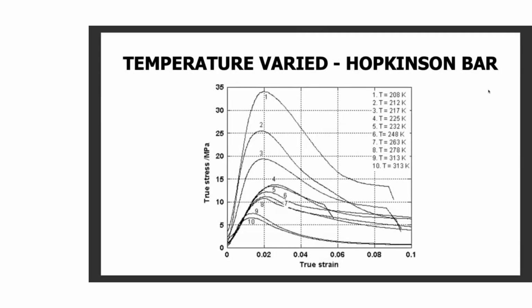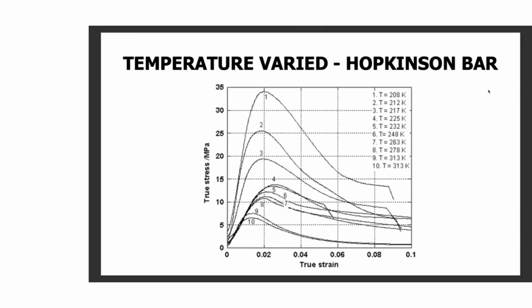The graph number 1 is at 208 Kelvin. And that shows a fairly high stress to failure, so the material is quite tough. As you increase the temperature, the polymer becomes more pliable, so the failure stress drops.